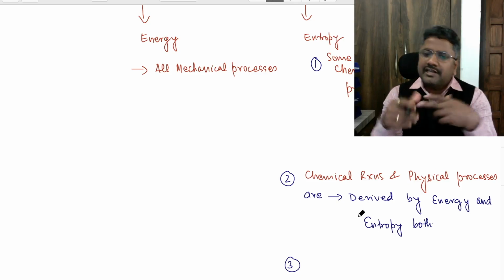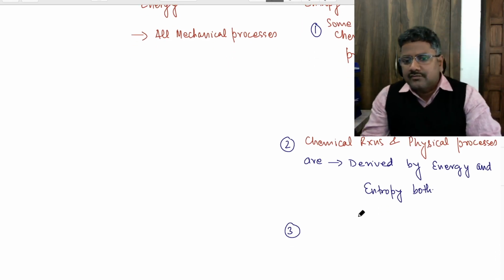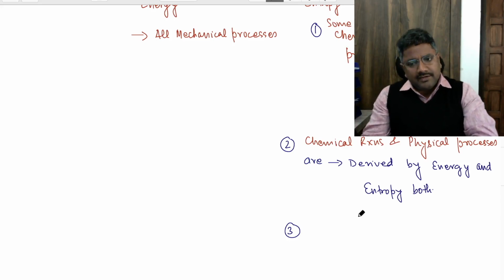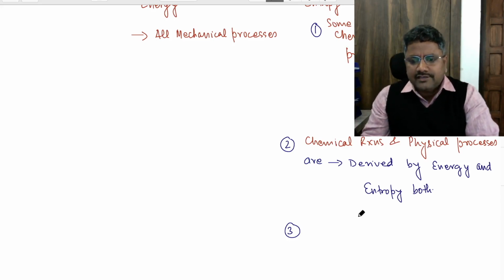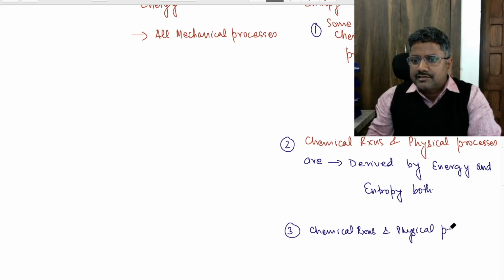And third is energy driven, right? I cannot say that there is no reaction which can be explained only with the help of energy. Yes, we have many reactions which are solely energy driven. So the third category is chemical reactions and physical processes which are solely energy driven.